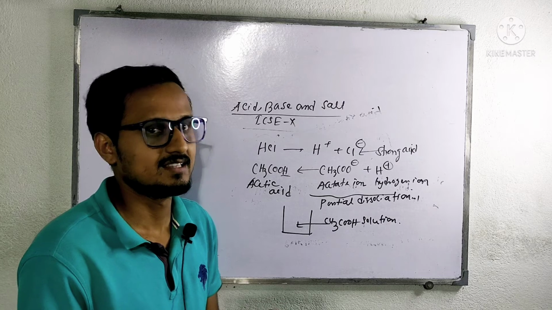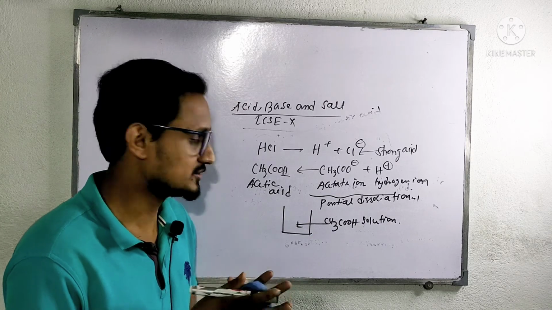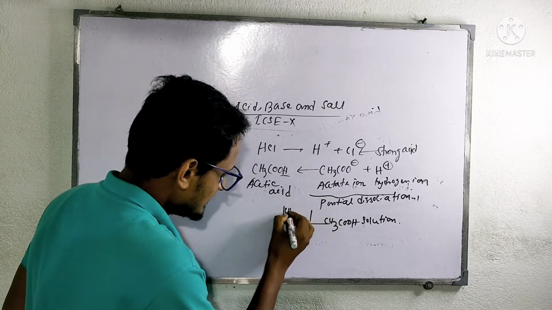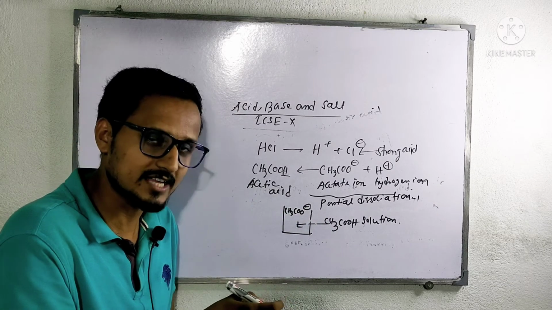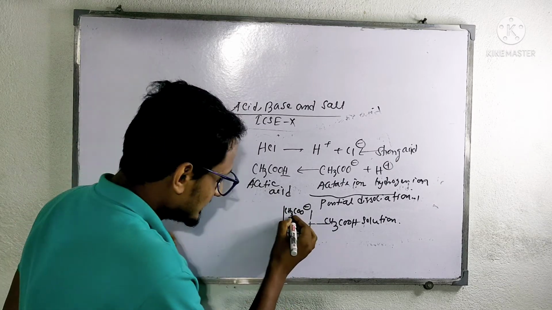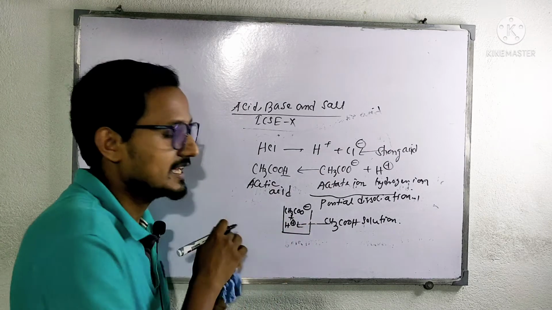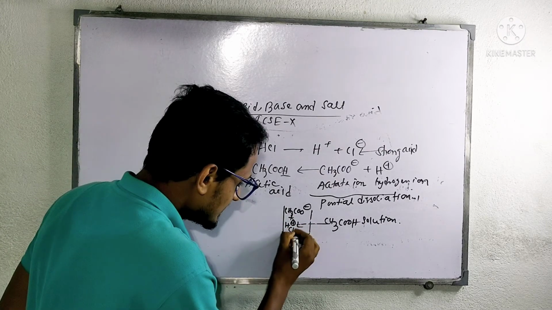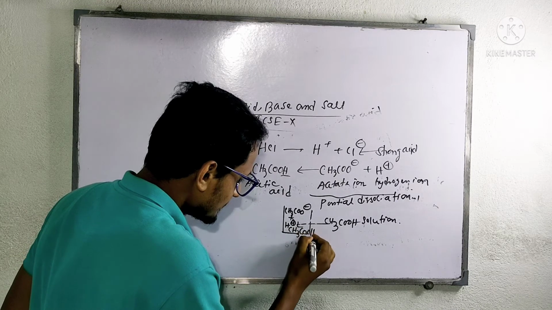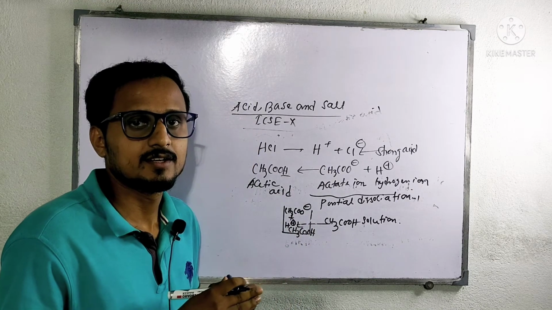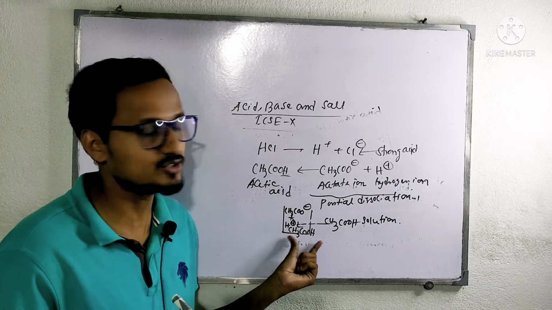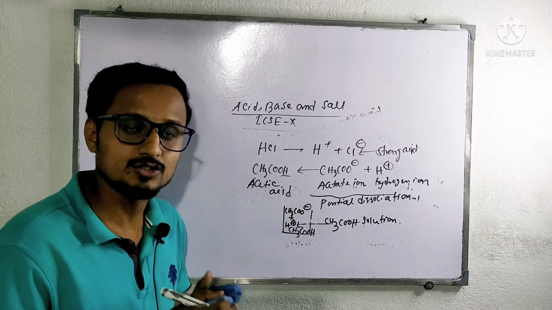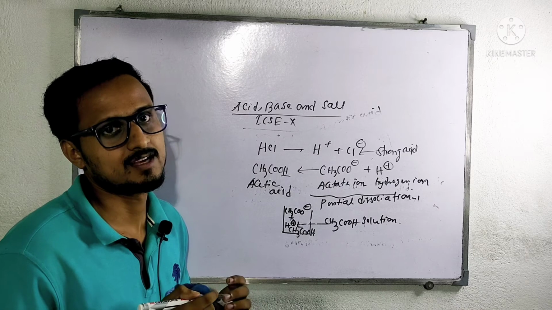You have to say that in this solution, first of all, CH3COO minus ions are there, that means acetate ions. Also H plus ions are there, and CH3COOH is also there, because it is partial dissociation. This CH3COOH is not fully dissociated into ions, so the molecule will also be there.